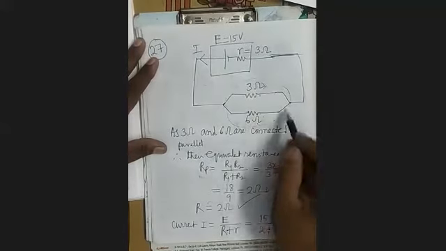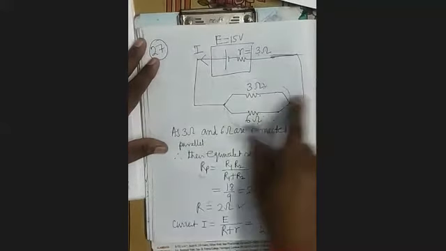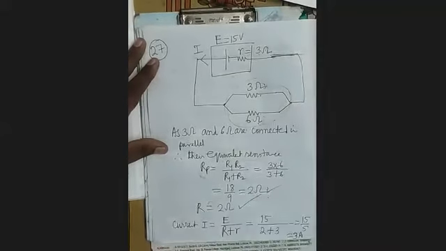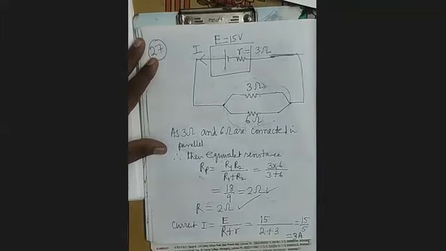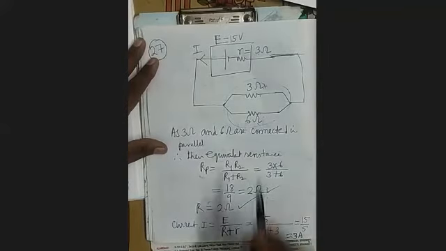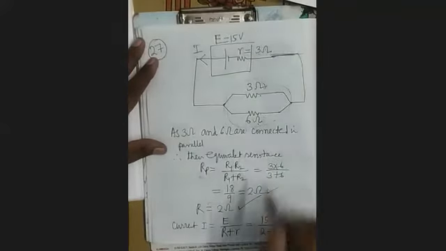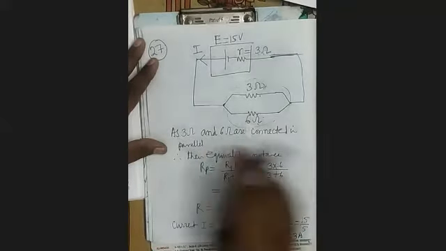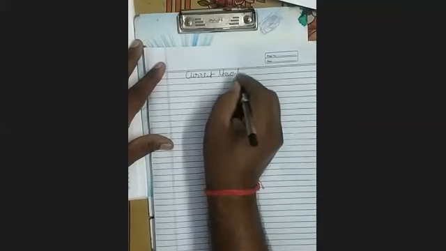This is the total external resistance because there is no other resistance in the external circuit. So what will be current? I equals E upon R plus r. E is 15 volt, R is 2, small r is 3. So it is 3 ampere. So you write down current through battery 3 ampere.